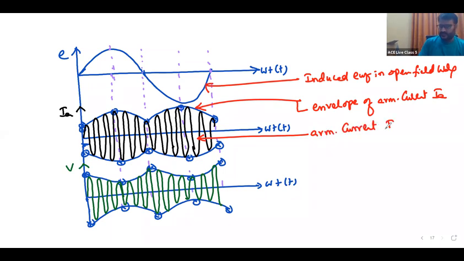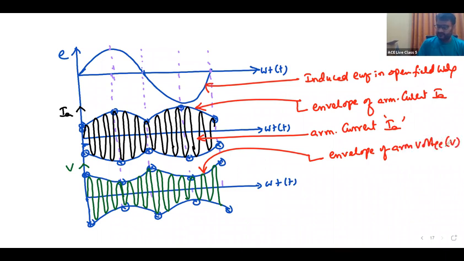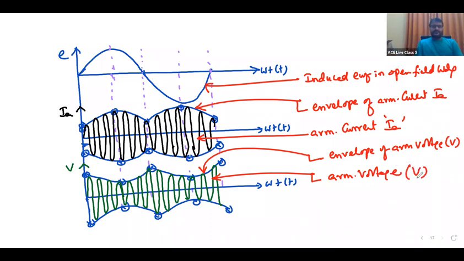Whereas this is the envelope of armature voltage V, and inside of that, this is nothing but armature voltage V. Okay, these diagrams are sufficient.